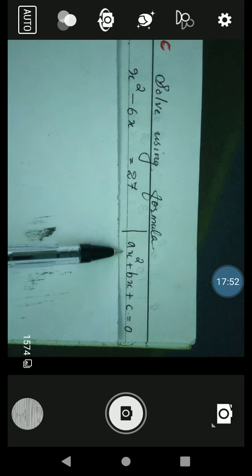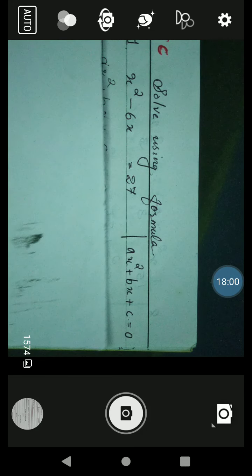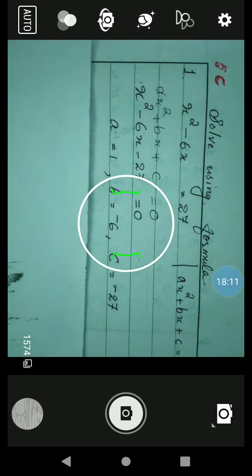Standard form is ax square plus bx plus c equal to 0. Arrange the terms in this way. That is x square minus 6x minus 27 is equal to 0. Now we can write what is a, b and c. Now a is 1, b is minus 6 and c is minus 27.